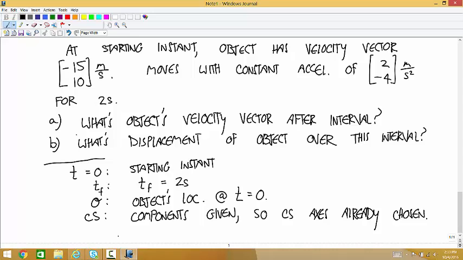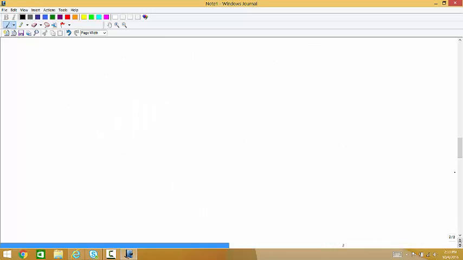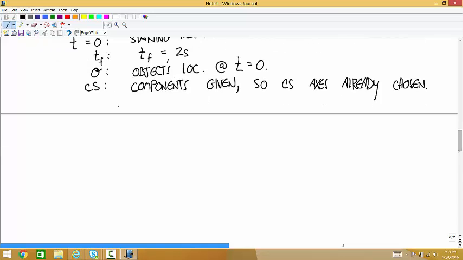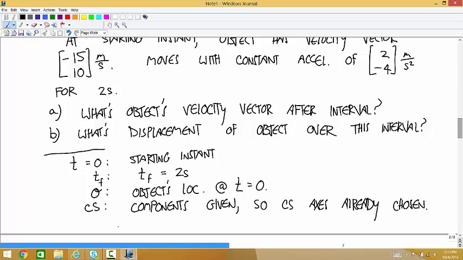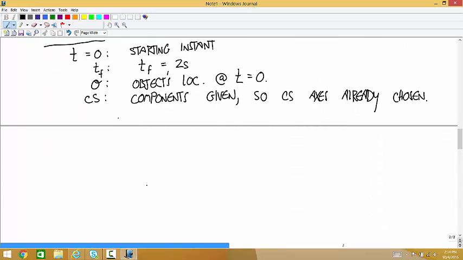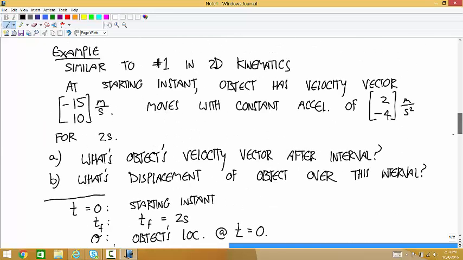So it would be negative 15 and 10, for the coordinate system? Yeah. What that means is, say this is the velocity vector, okay?